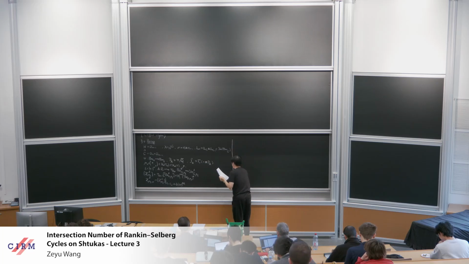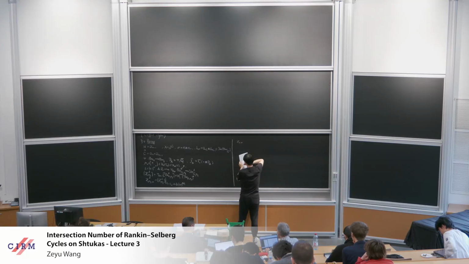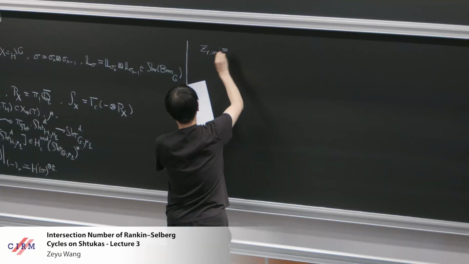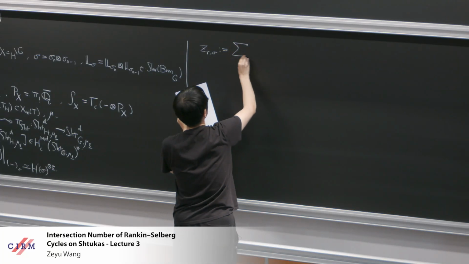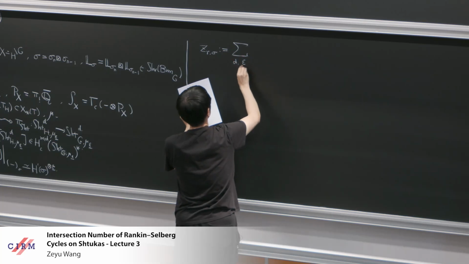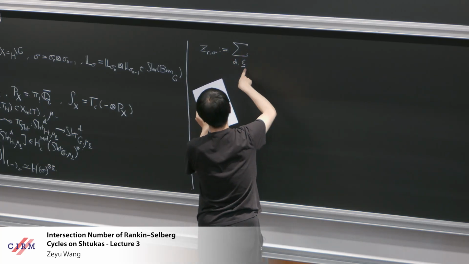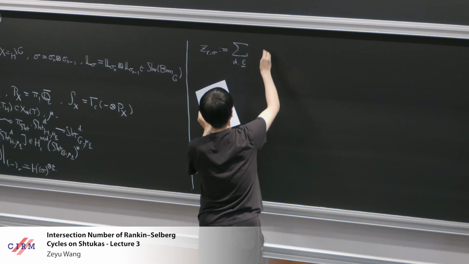So recall that in the statement of the main theorem, I need to put all these special cycles together. So you sum over all degrees and all these sequences of signs.